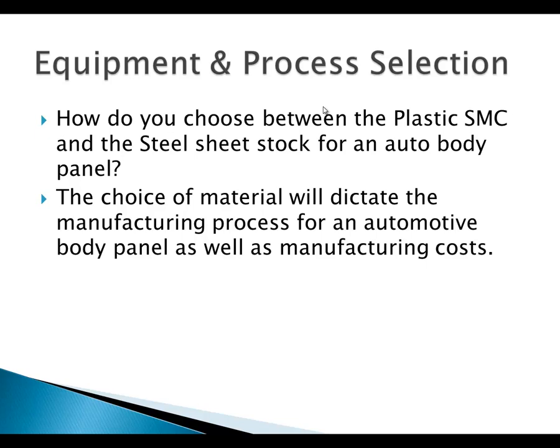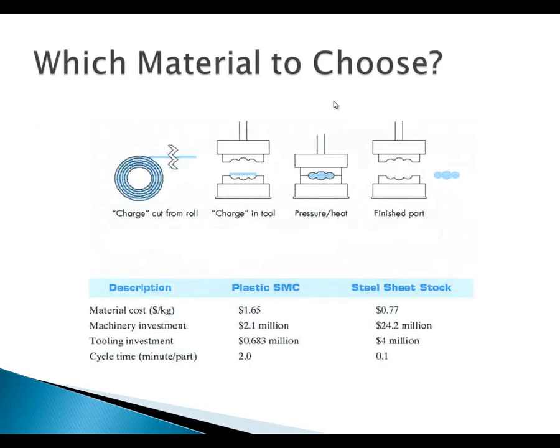Choosing the material that will be used in the auto body panel will dictate the manufacturing process for an automotive body panel, as well as the manufacturing cost. The table here shows a comparison between selecting plastic and selecting steel sheet as auto body panel.